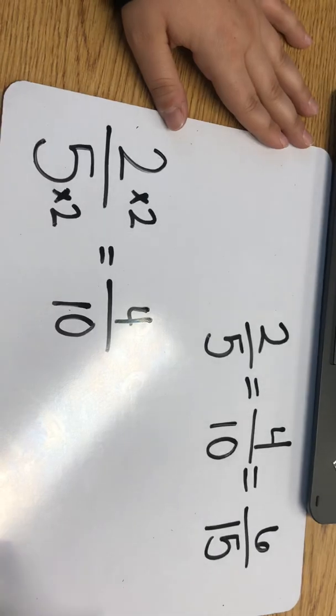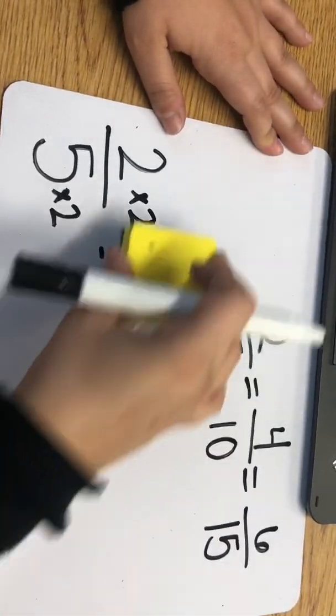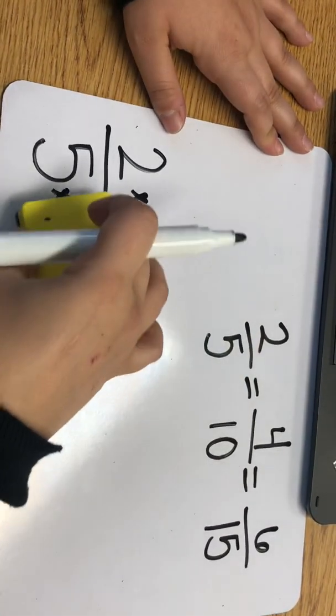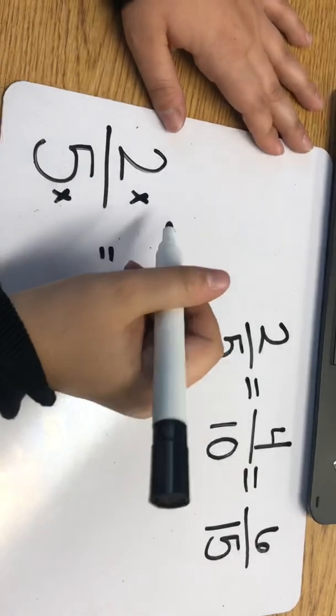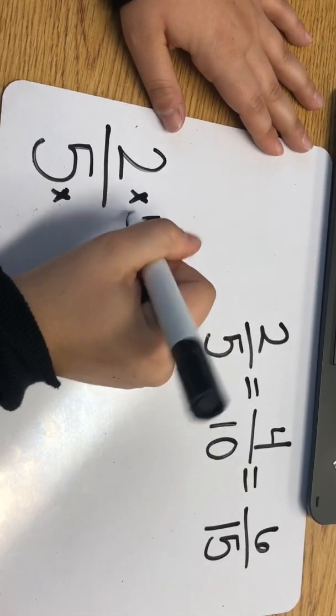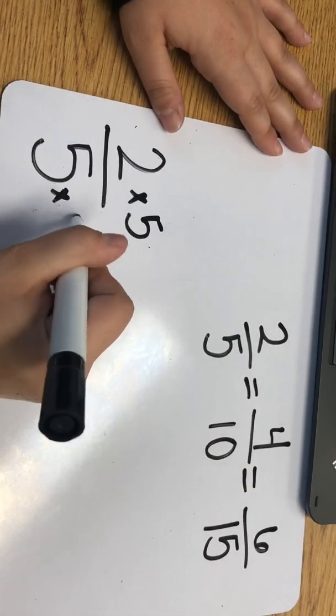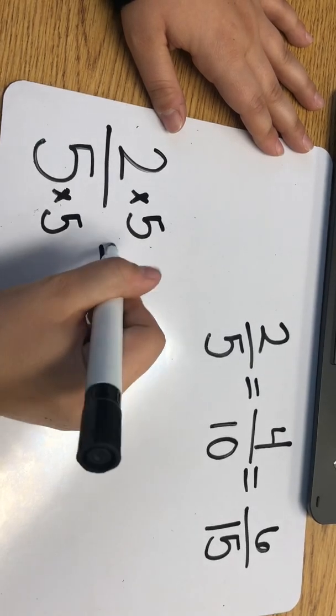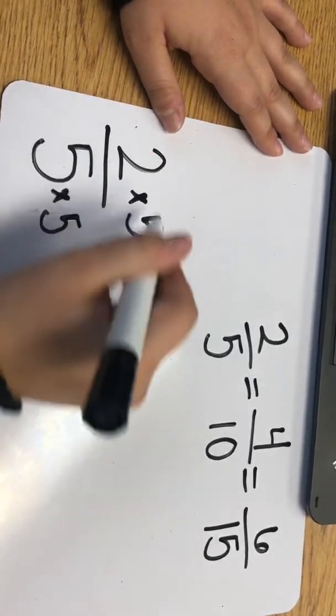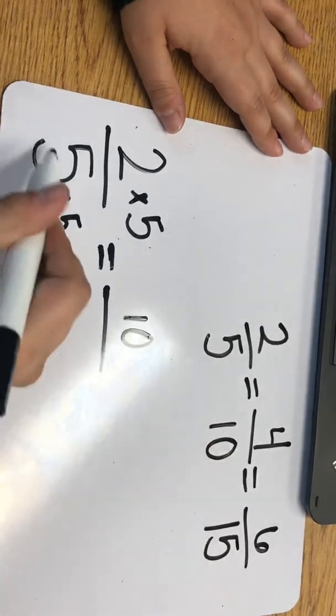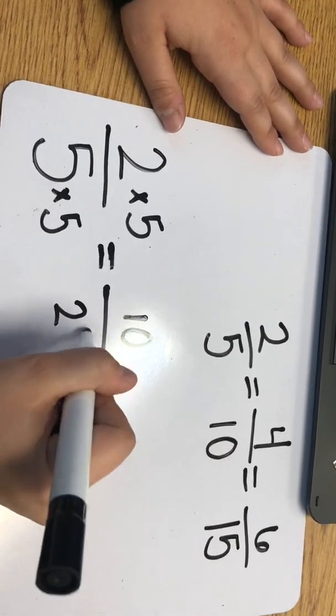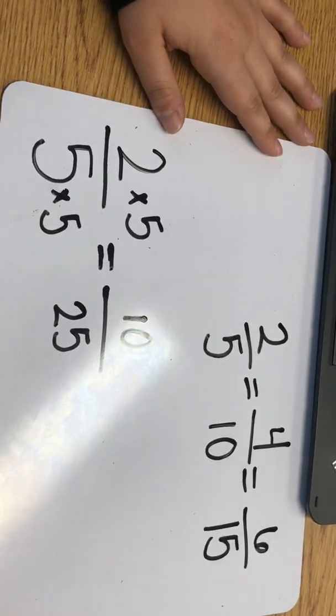If I were to do this again but pick a different number, let's say 5, 2 times 5 and 5 times 5, I would end up with 2 times 5 is 10 and 5 times 5 is 25. 10/25.